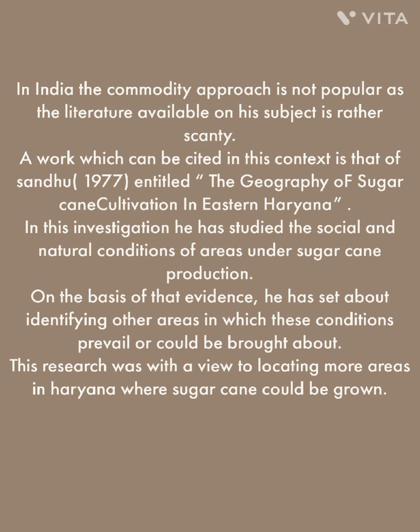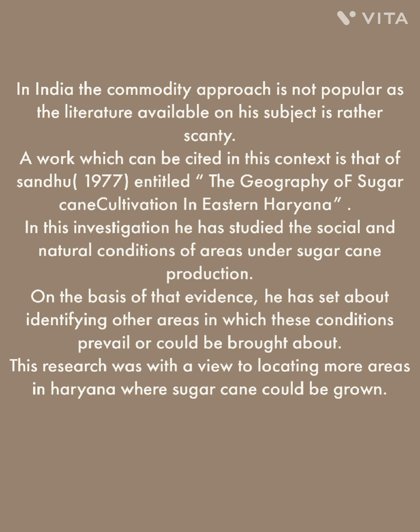Next we discuss the development of the commodity approach in India. In India, the commodity approach is not popular, as the literature available on this subject is rather scanty. A work which can be cited in this context is that of Sandhu, entitled A Geography of Sugarcane Cultivation in Eastern Haryana.